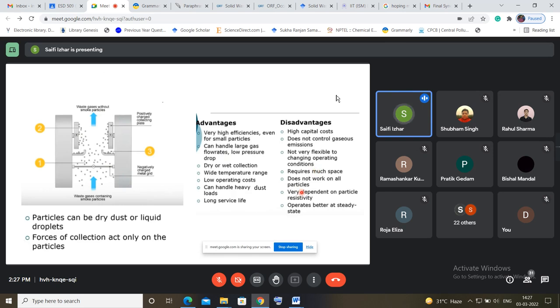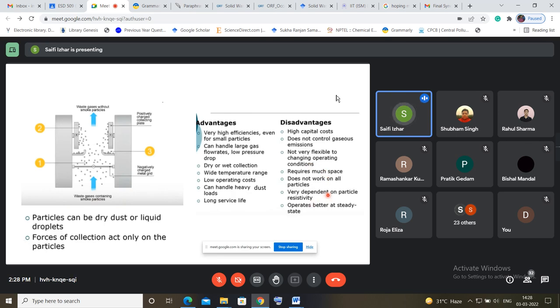And it doesn't work on all particles. It is more suited for fine particles, in the 1 micrometer down to 0.3 micrometer range. That is why before this step, a gravity settler or cyclone separator is often used in combination so that those two processes can remove the coarser particles.